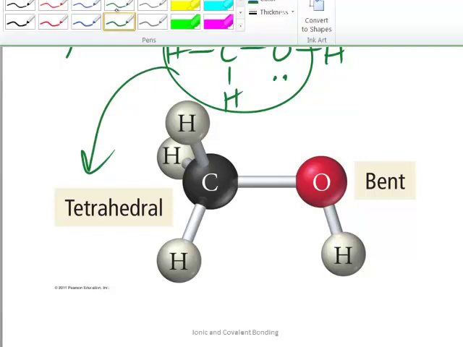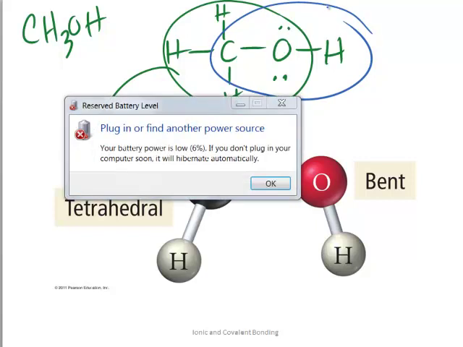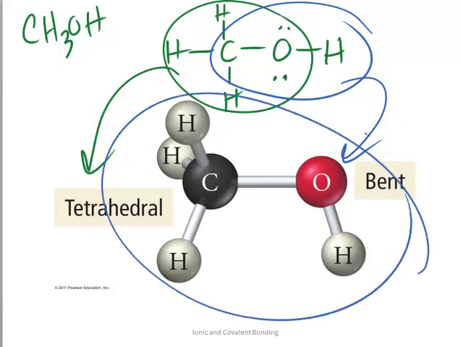And we can see that the oxygen has 2 bonded atoms and 2 lone pairs, okay, for a tetrahedral electron geometry and a bent overall geometry. Okay, so summing these, this is what methanol looks like in 3 dimensions due to the individual geometries of its 2 central atoms.